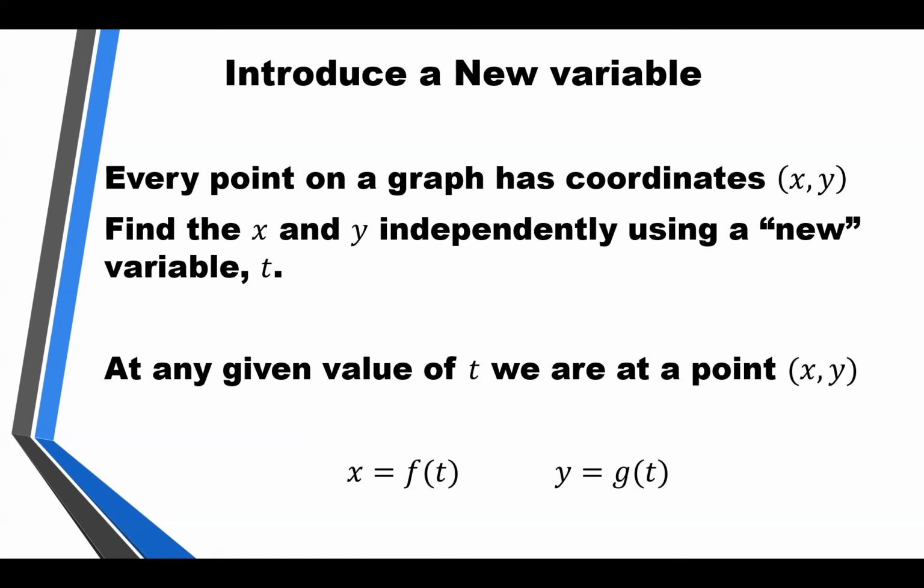If we do that, basically what we're going to have is a function that gives us the x value and a different function that gives us a y value. So for any value of t we plug in, we get a corresponding ordered pair.